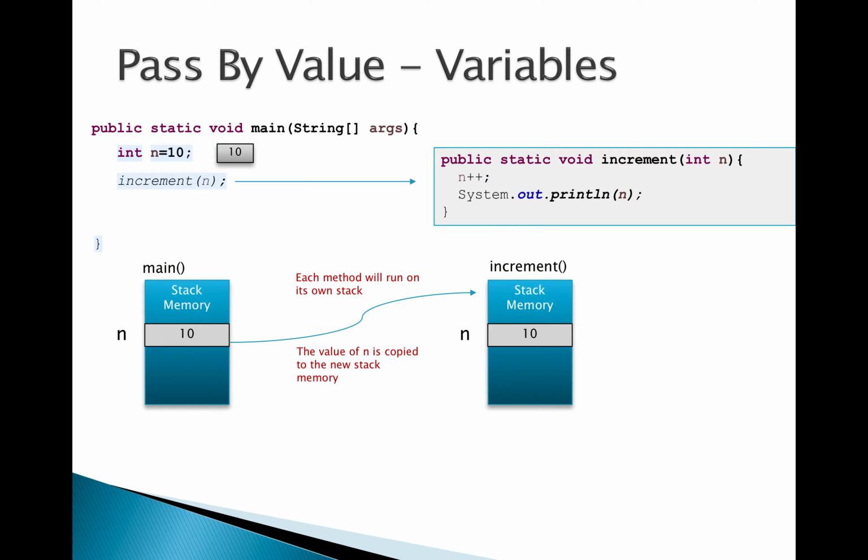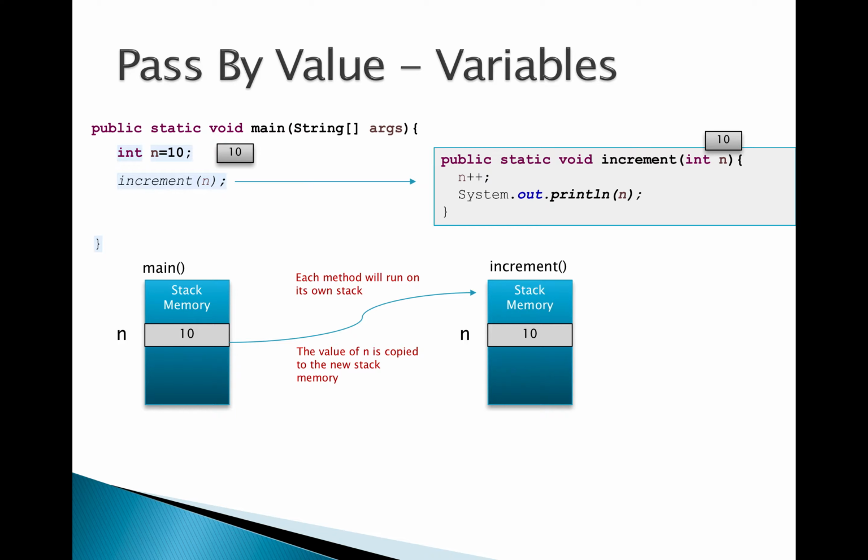Let's see it from the beginning. In the main method, n was having 10. Increment of n passes 10 to the increment method, so the value 10 gets copied into the stack memory of increment.